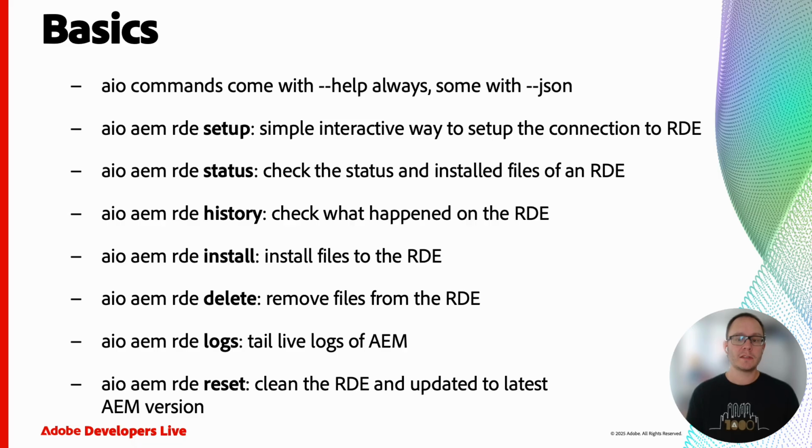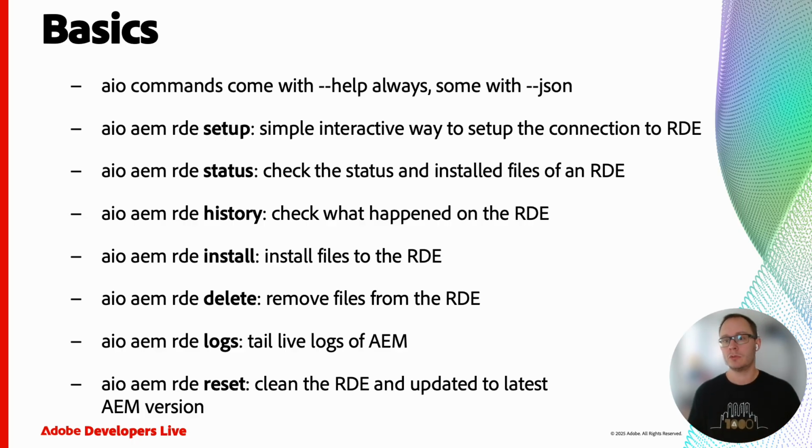So what are the basics of the commands to interact with the RDE? First of all, the commands that we provide come with a --help. That gives you a deep insight on how to use it, what options are available, and sometimes even provides some examples on how to call the commands. Some of the commands also come with --json, which allows you to use the tooling programmatically.